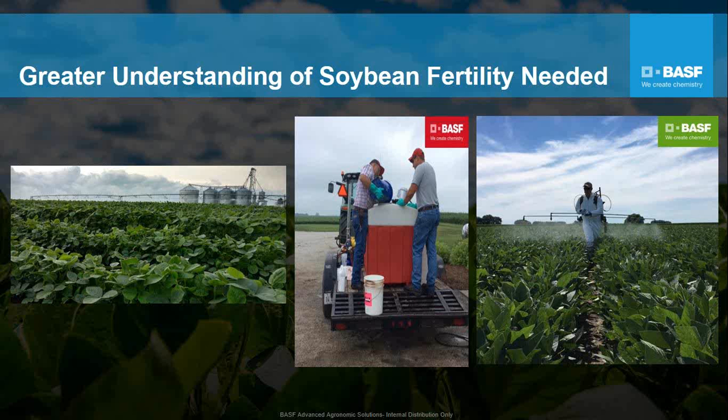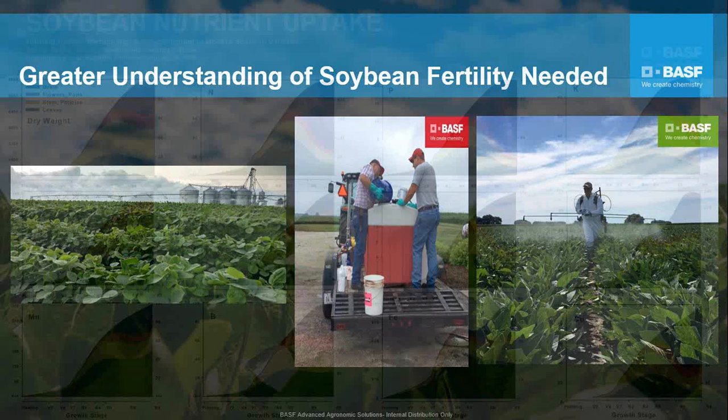And so we're trying to understand this in various different scenarios of soybean production, whether you're in dry land or irrigated. And you can see in that middle picture, that was our very scientific way of mixing up some nutrients into solution in a mixing vat and then pushing that through with water out onto our soybeans.